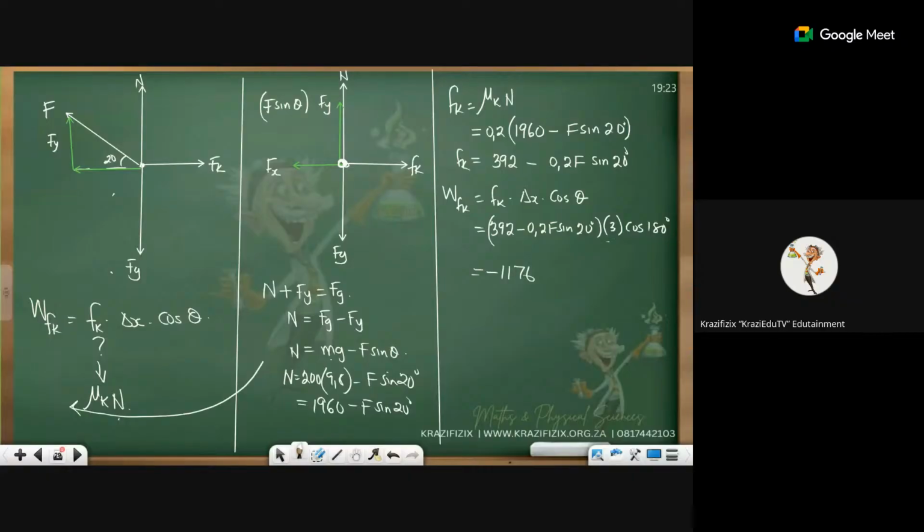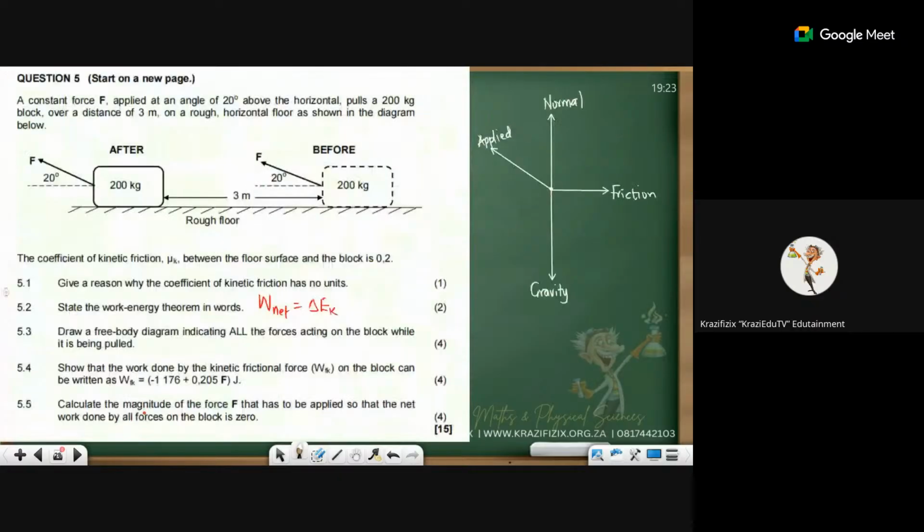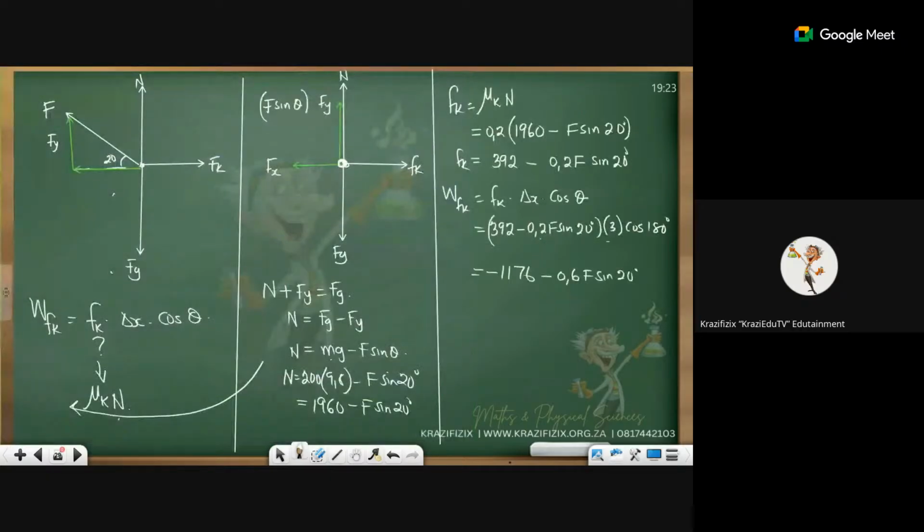Now that negative 3 multiplied by 0.2 is negative 0.6. How did they ask us to leave the answer? Oh, positive. All right, what is 0.6 sine 20? We want it as 205. Yeah, 205. All right, done.